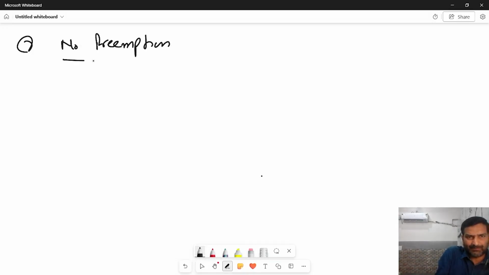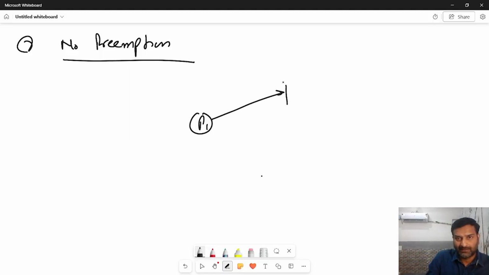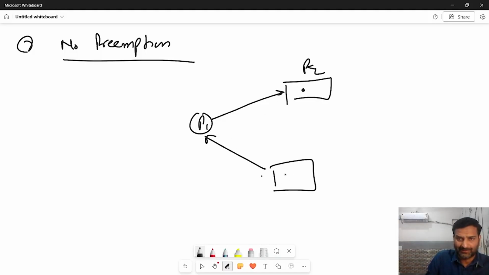Now what is the meaning of preemption? Suppose there is a process P1, and it is holding some resource R1 and looking for some resource R2. Holding R1 means it is in execution.